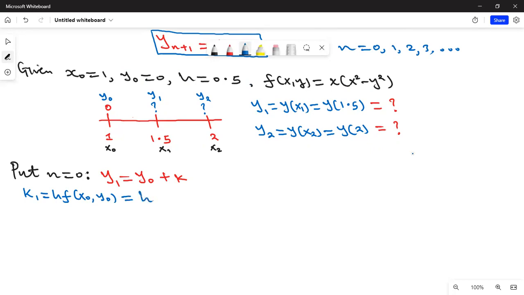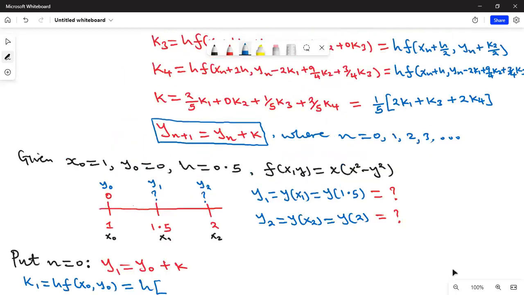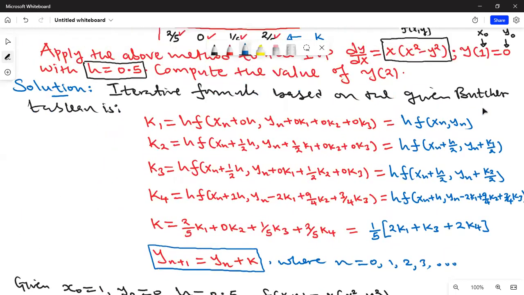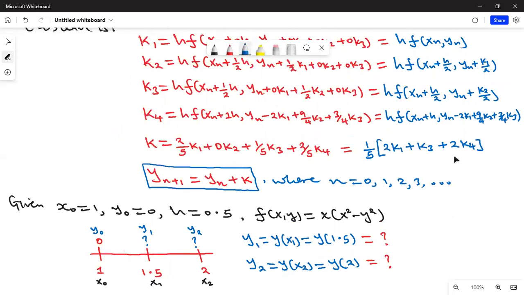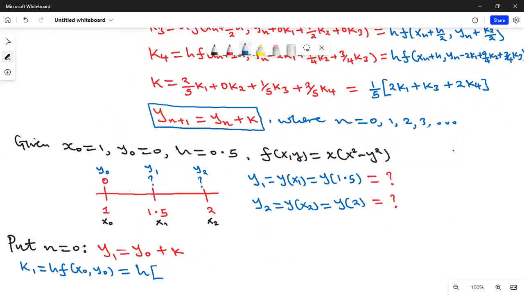Based on the definition of our f of x, y, we'll have h times, remember, let me take you back and illustrate what we're supposed to do here. F of x, y. So from here, if you want to find f of xn, yn, it will be given by f of xn, yn.